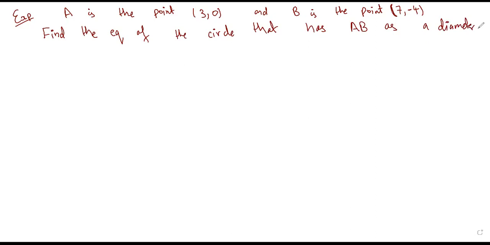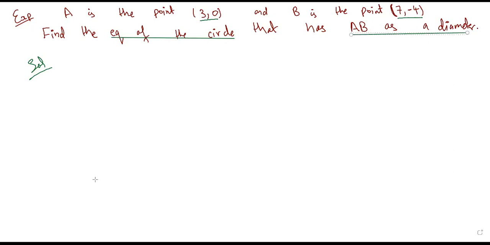Before thinking about the solution, we need to understand the question. We have 2 points. A has coordinates (3, 0), B has coordinates (7, -4), and they want us to find the equation of a circle whose diameter is AB.